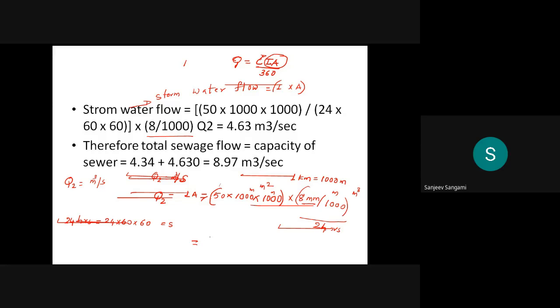Then this we are converting into seconds, so in total we can write it this way: 50,000 into 8 mm divided by 1000, 24, 60 into 60. Then in total we will get 4.63.